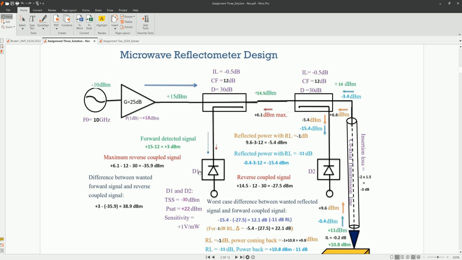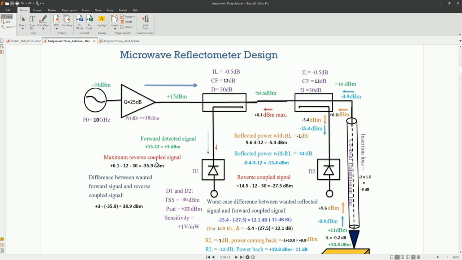And now we also calculate the forward electrical signal: 15 minus 12, the directional coupling factor, so 15 minus 12 is 3 dBm here, this is the direct signal.